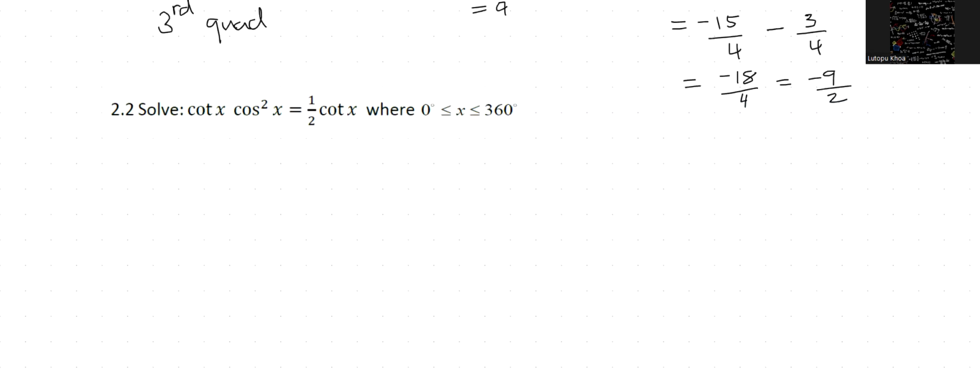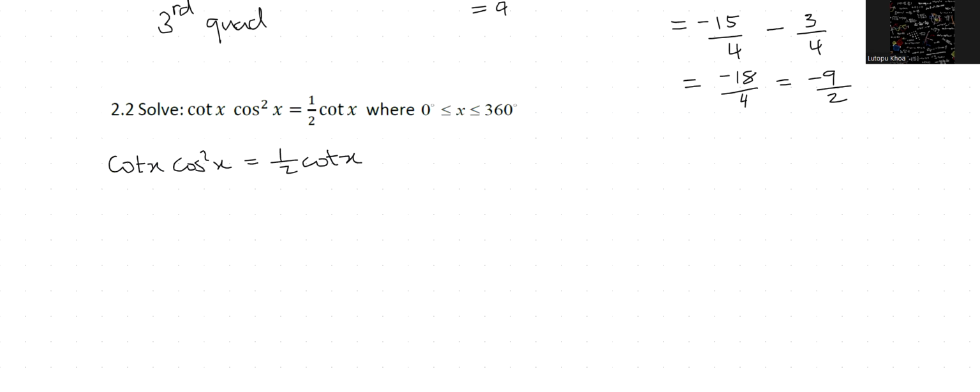Solve cot x cos squared x is equal to a half cot x. So to solve this, cot x cos squared x is equal to a half cot x. With these trigonometric equations, don't divide everything by cot x so that it cancels out. You should rather factorize.